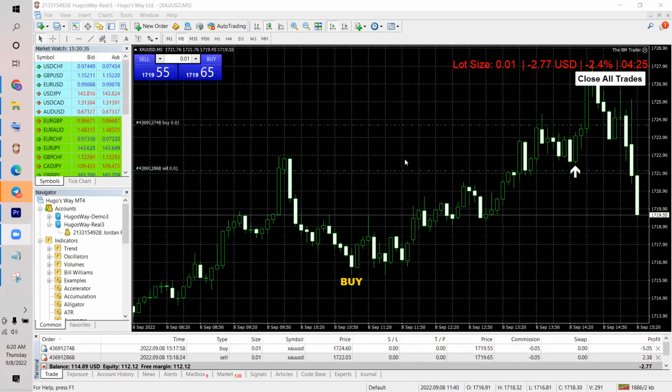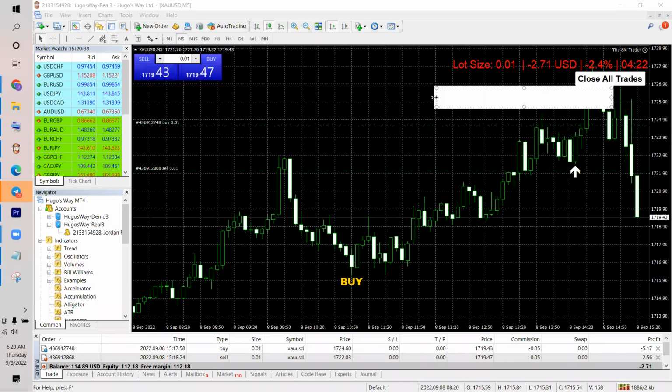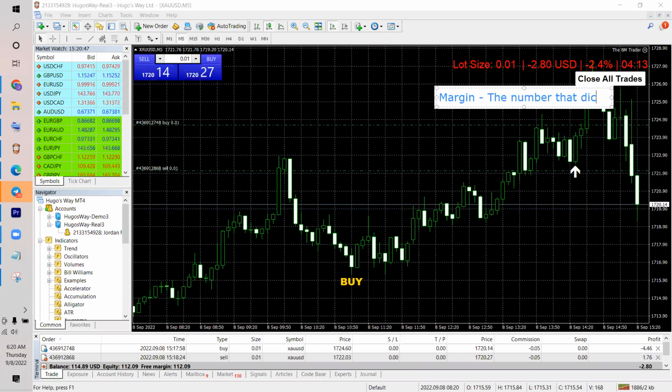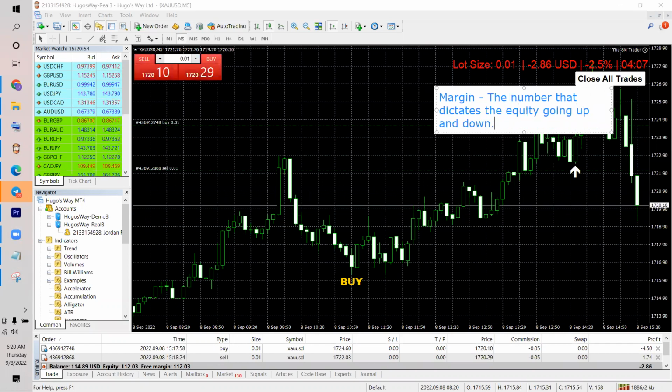Now, the margin, I talked about it before, but the margin is the number that dictates the equity going up and down. And we talked about how important equity already is when we're in the charts.